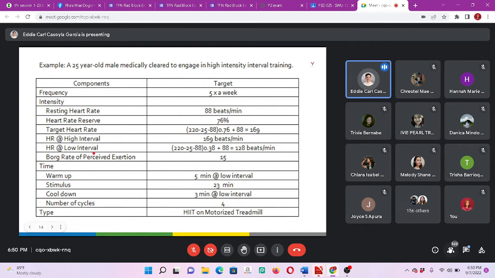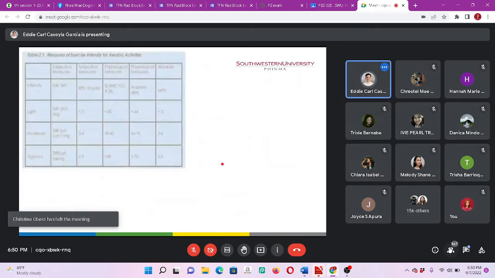And then for the RPE, I asked you earlier to screenshot those slides of table 2.1 together with the Borg rating of perceived exertion, or what we call RPE. So based on our example, it's 15, because he's using the old RPE. But for your case, we will use the modified one, this one.